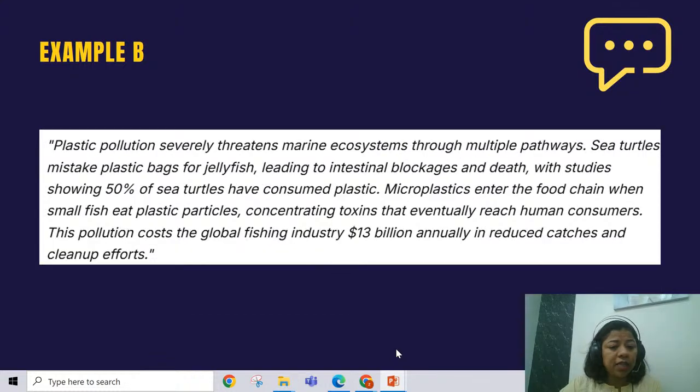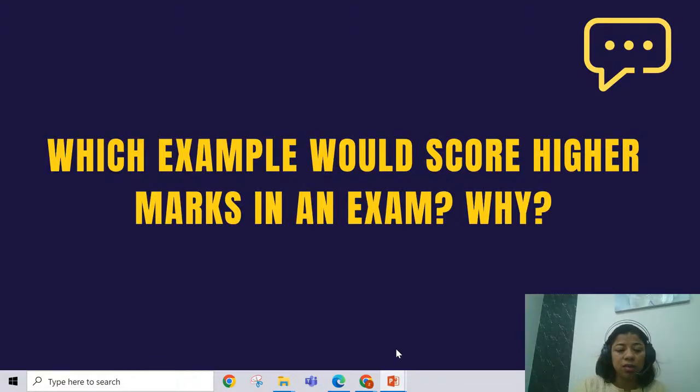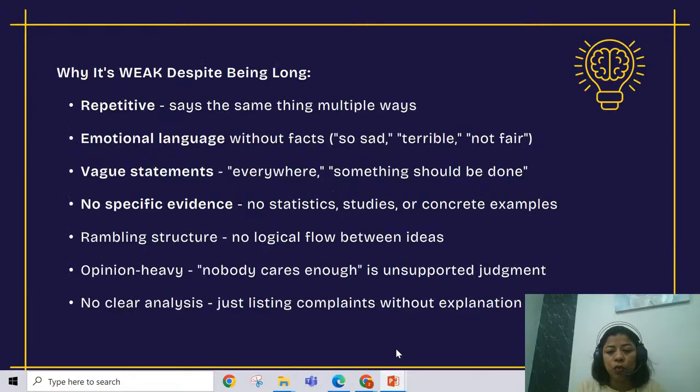Whereas example B talks about who is being affected and how it is introduced in the food chain. What is the percentage of sea turtles who have consumed plastic? What is the cost for the global fishing industry in dealing with plastic waste being introduced in the food chain?